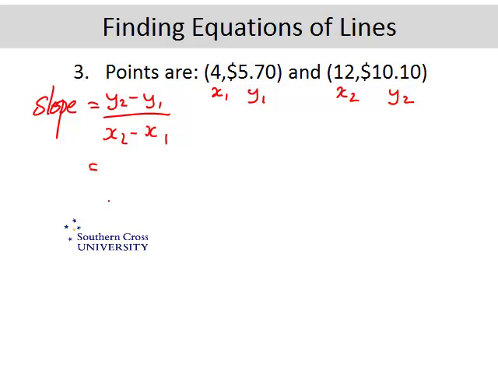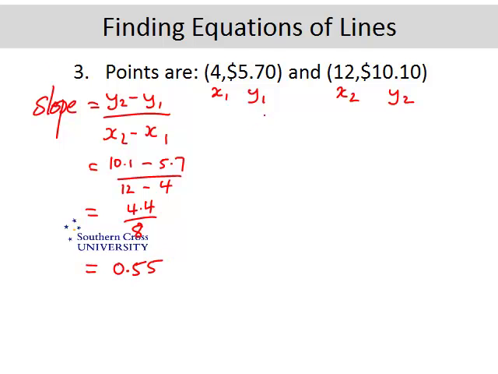So this will become 10.1 subtract 5.7 over 12 take away 4. Sorting this out, we'll get 4.4 over 8, and that turns out to be 0.55.